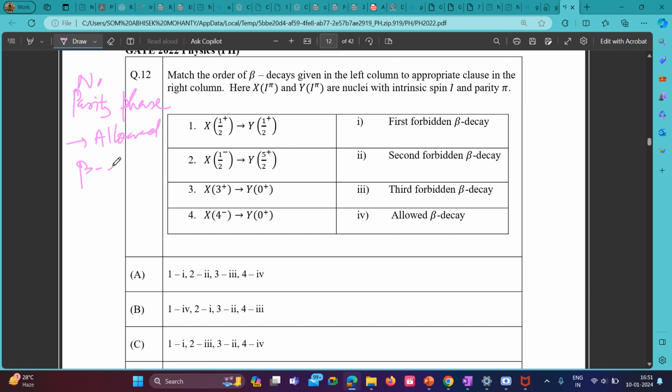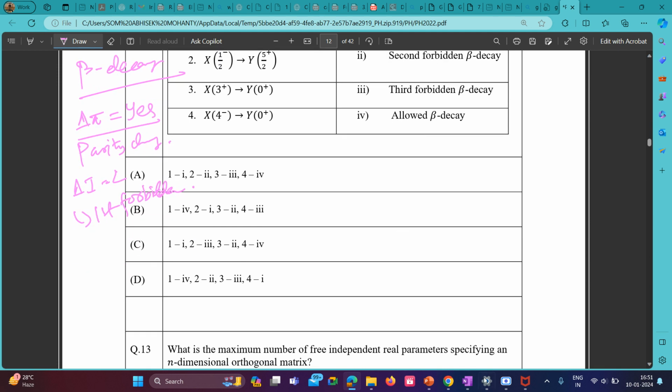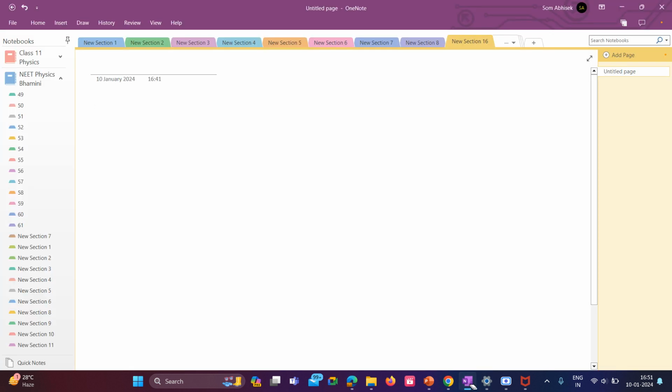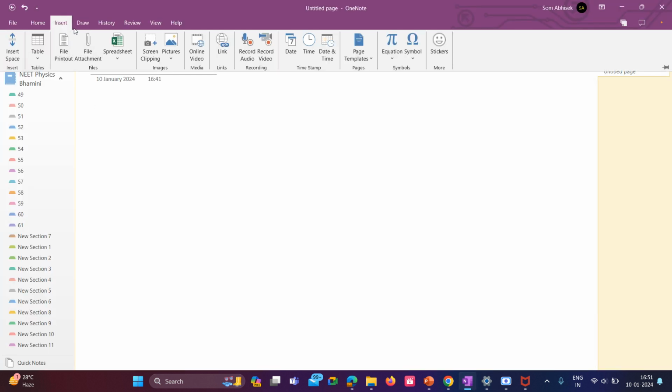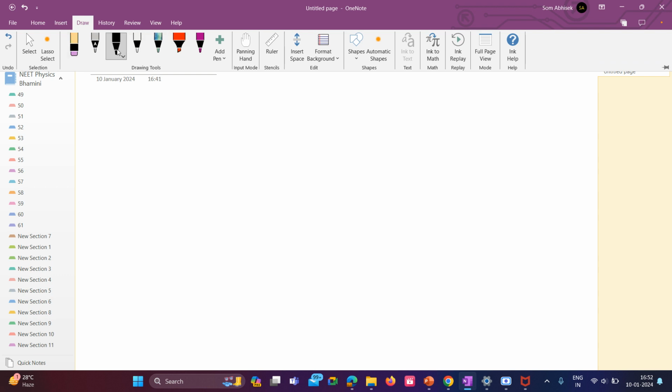And if the parity is changing, del pi means parity is changing, and del I is equal to 2, then it's called first forbidden. Let me write it at a better place. Write it here.